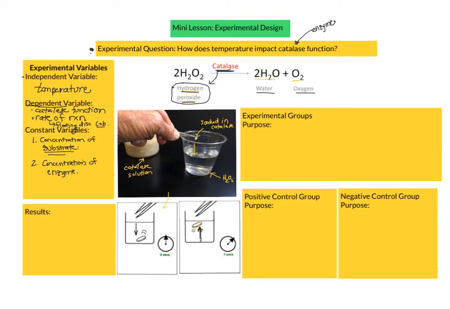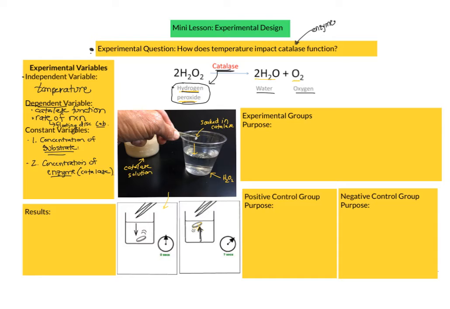In this case, catalase is our enzyme, and these two things should be kept constant in order to focus on how temperature affects the rate of this reaction. Because we know that changing the substrate and changing the enzyme concentration can affect the rate of the reaction that's occurring. Okay, now you can also think of a few other constant variables like pH or salinity, or a couple other things that should be kept constant, but these are the two that I mentioned this morning.